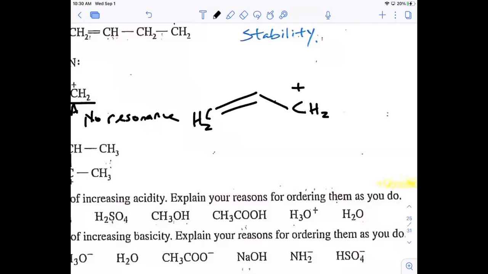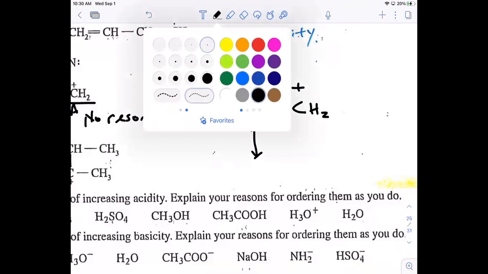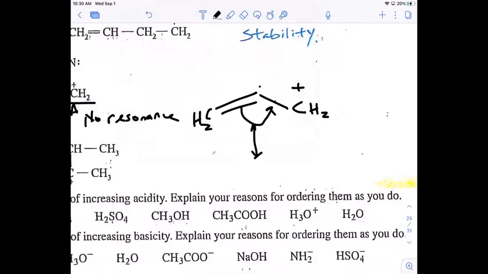What happens in this case is that the pi bond simply shifts from one side to the other. There are no lone pairs involved. This is just going to shift to here, and the pi bond is going to end up here. Following?